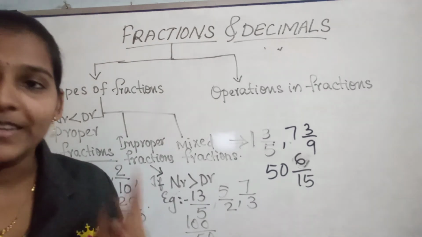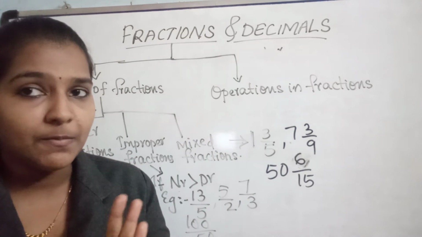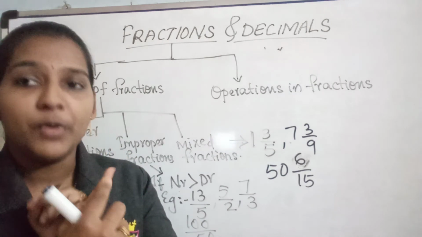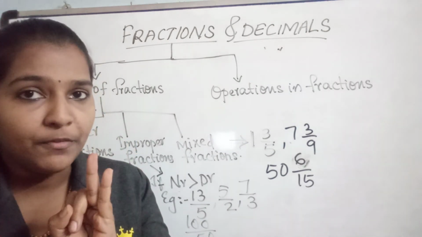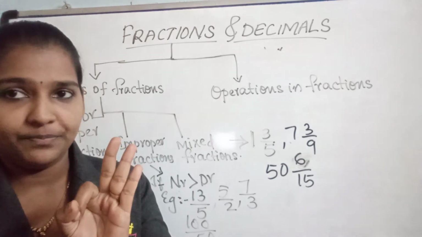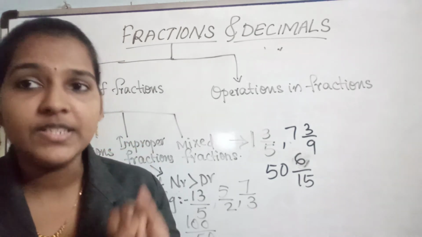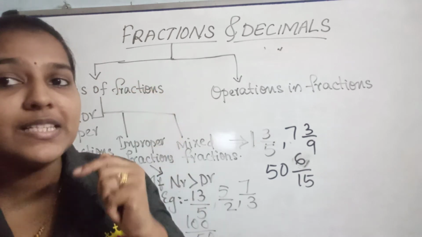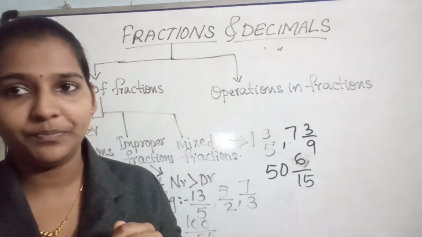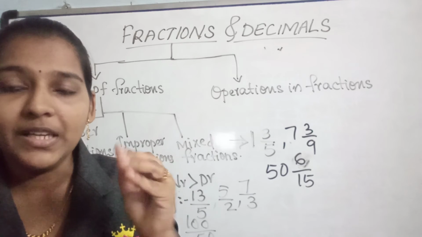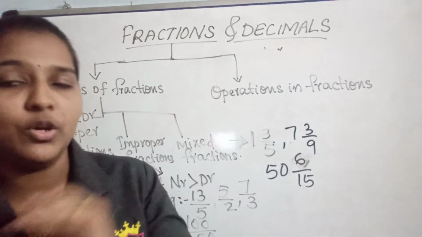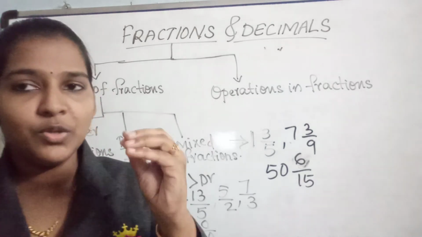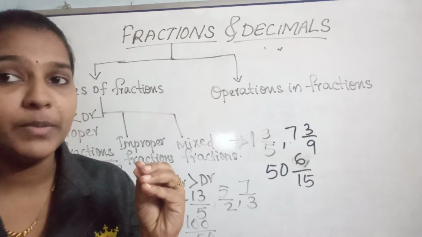Always remember there are three types of fractions: proper fraction, improper fraction, mixed fraction. Proper fractions are the fractions which have the numerator less than the denominator. The numerator is smaller and the denominator is the bigger one.